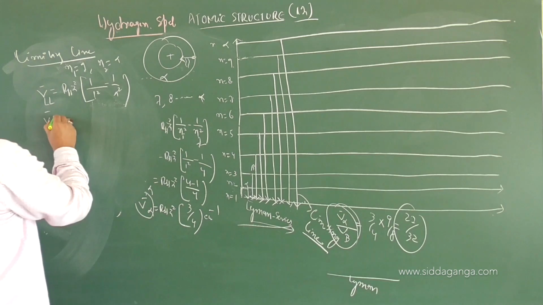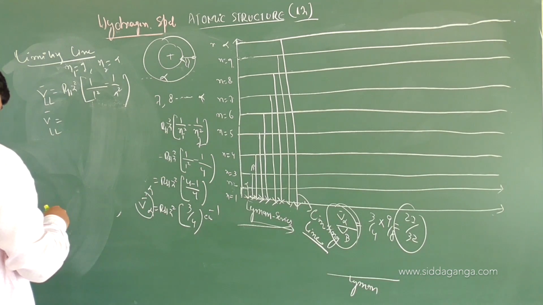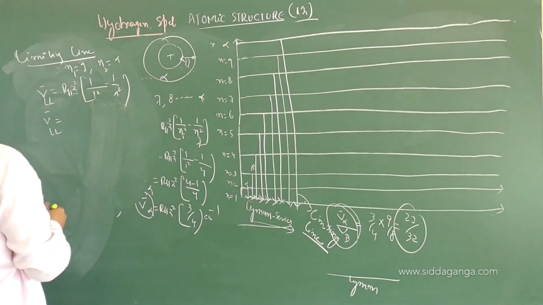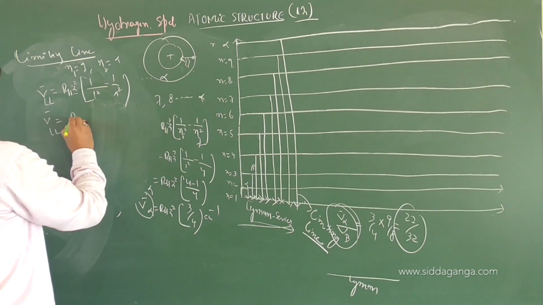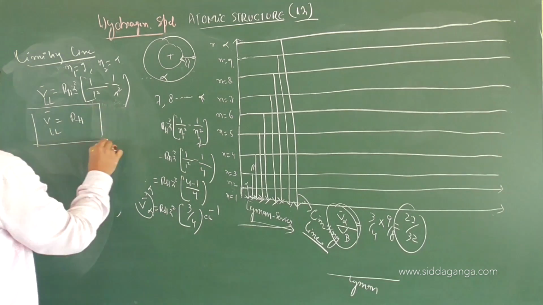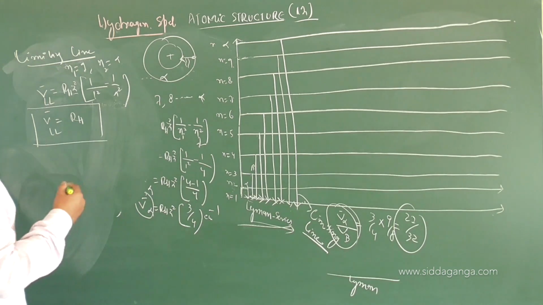Wave number of the limiting line will be, for hydrogen, what is the Z value? 1. Wave number of the limiting line will be RH. And what's the value of RH? 109677 centimeter inverse.